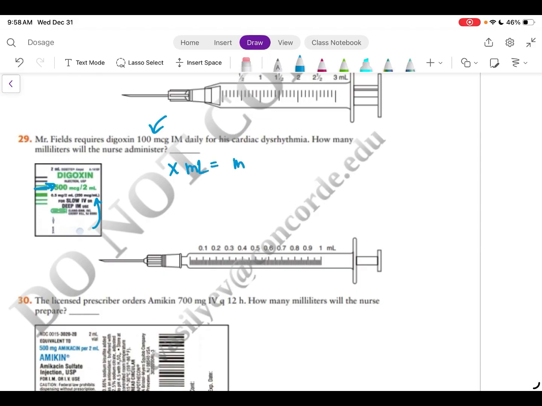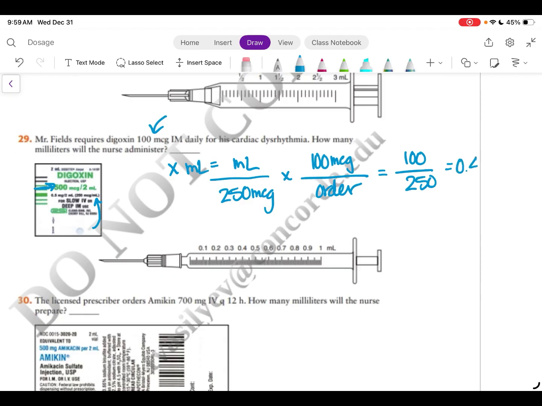I usually prefer to do the smaller one because there's less math involved. 250. What's 100 divided by 250? 0.4. Okay. All right.